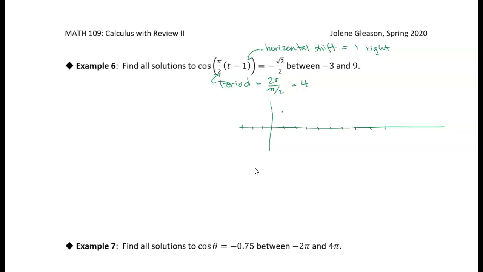So we're going to start out here at 1 at the top, right? If we're just graphing y equals cosine pi over 2 times the quantity t minus 1. Okay, and it has a period of 4, so we're going to go 2, 3, 4, so here's 5.